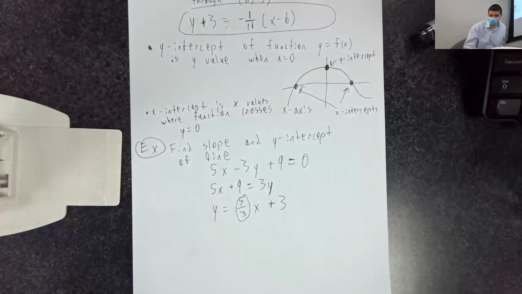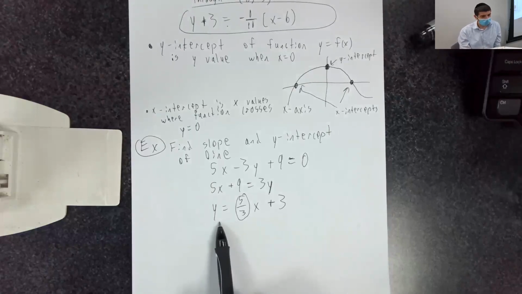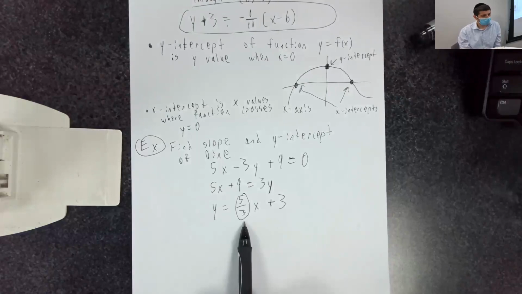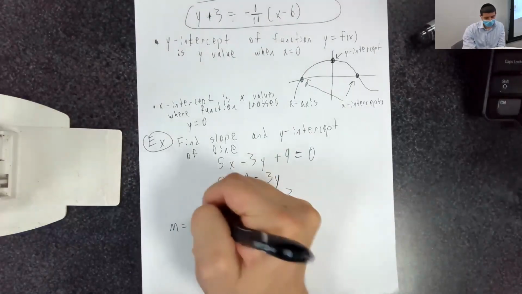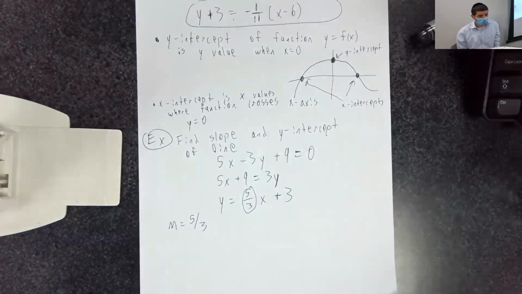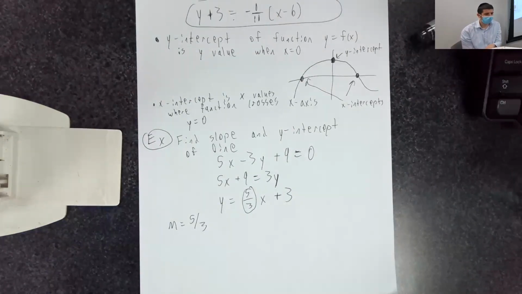And Shariful, that's what you wanted to give an answer also? Okay, good. So you guys have to do a little algebra, get the y by itself, read off the slope. M equals 5/3. The y-intercept means I'm setting the other variable to 0, which means I'm setting what to 0?